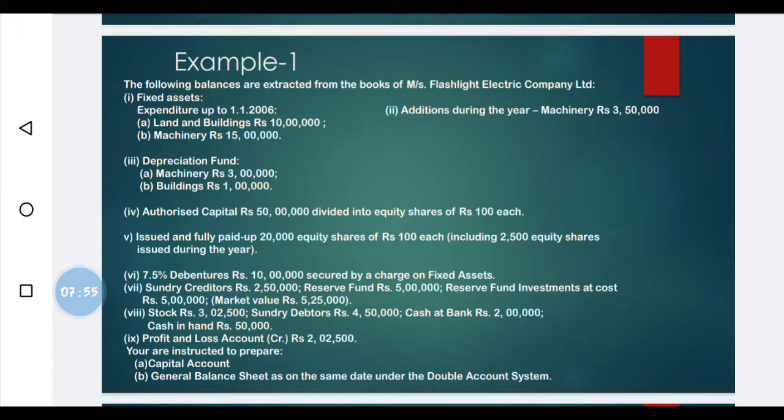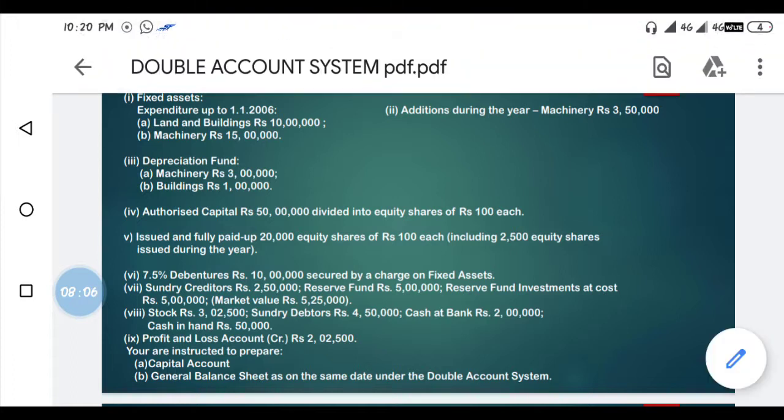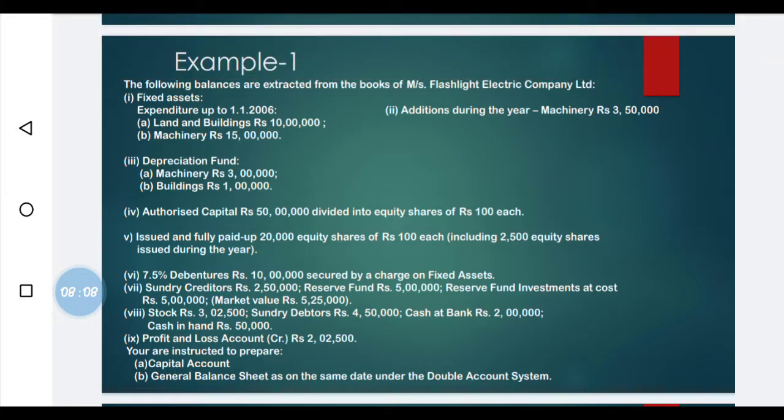So expenditure up to 1/1/2006 you have to write in the previous year column, that is, land and building 10 lakh, machinery 15 lakh, and the addition during the current year, 3,50,000 worth of machinery, you have to write in the second column of the expenditure side.